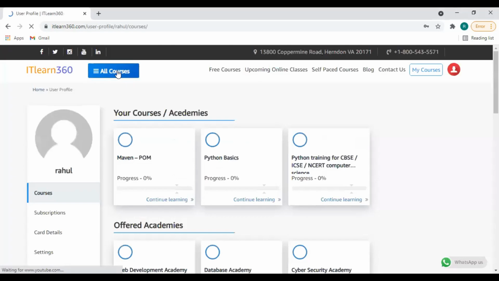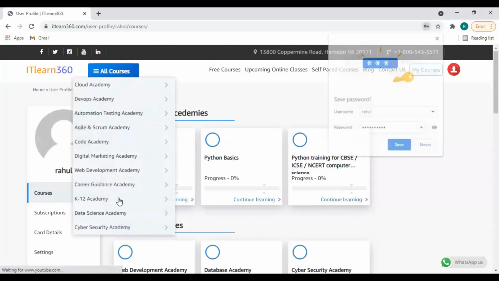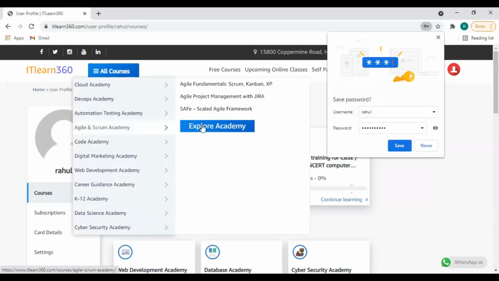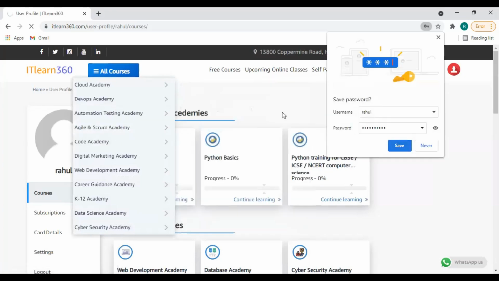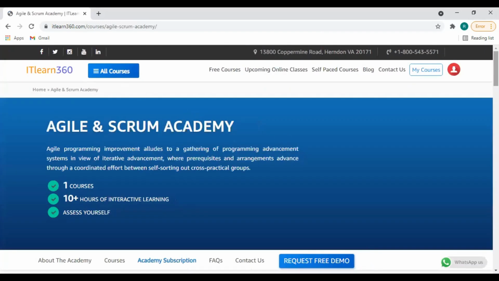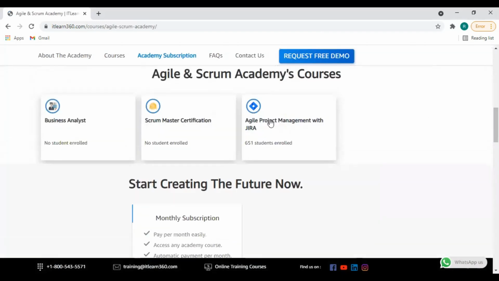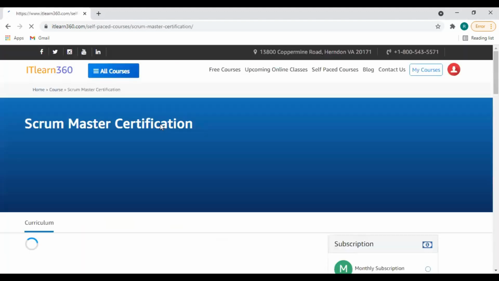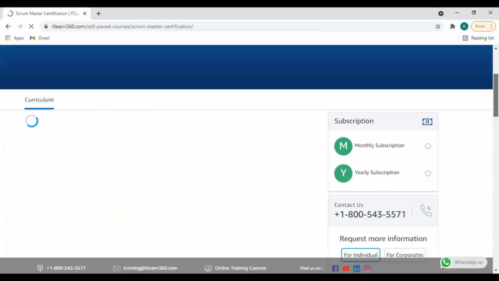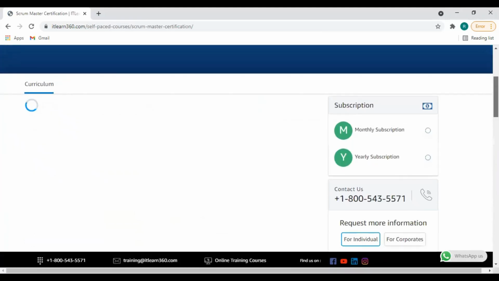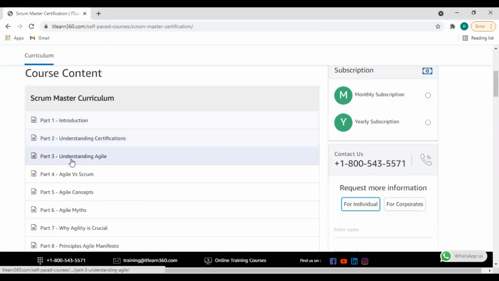All right. So I just logged into my portal and let me go to the Academy, which is Agile Scrum, and let me explore. And then we start with the Agile Manifesto. So you go to the course, which is Scrum Master Certification.